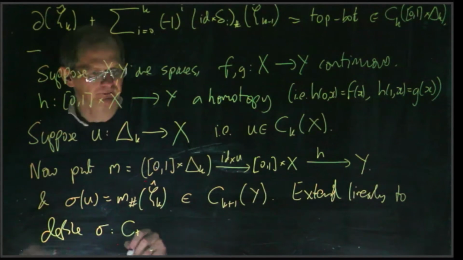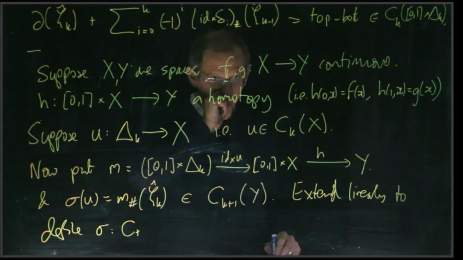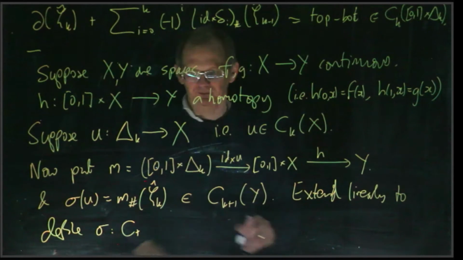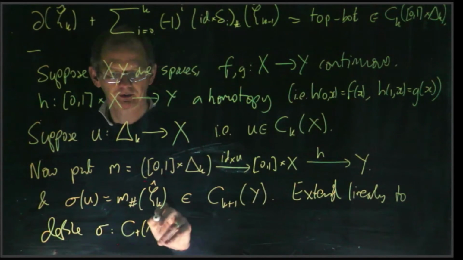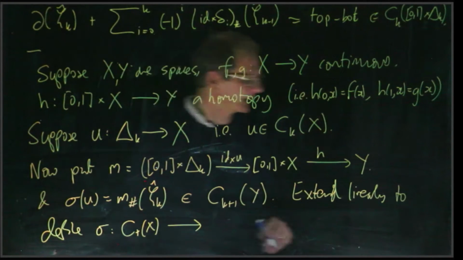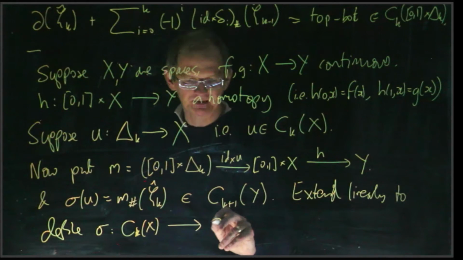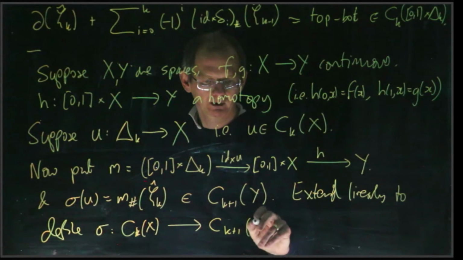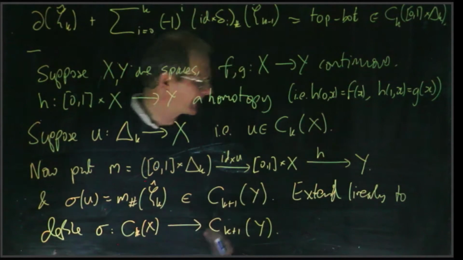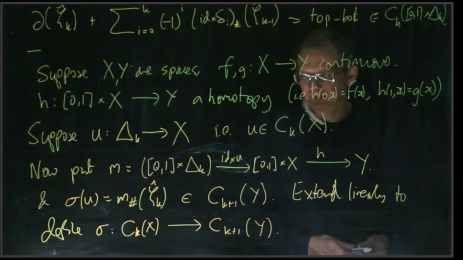I won't just define this on the basis elements for C_k X, but do it in the obvious way on linear combinations of those basis elements. So I get a map from C_k X to C_{k+1} Y. Remember, that's the right kind of thing to be a chain homotopy.